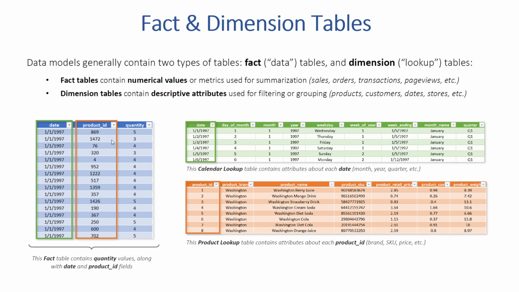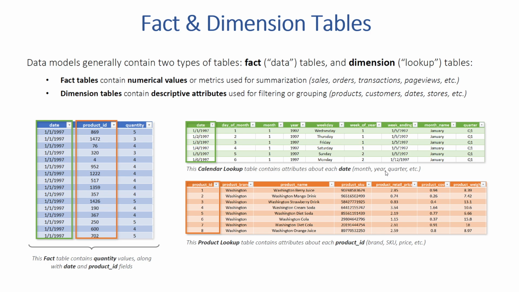But the fact keeps changing the number. Sales keep changing, the numbers keep changing. So dimension table contains the descriptive values, as I discussed, used for filtering or grouping, right? Example: product, customer, date, store, and so on, right?